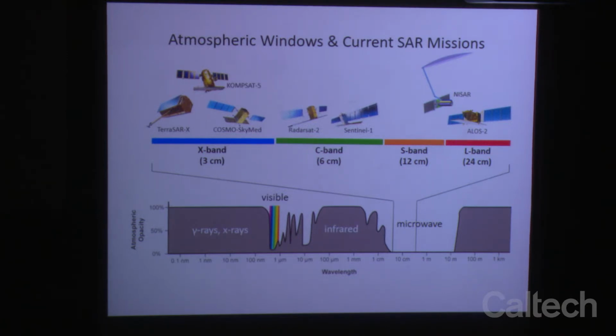And you can use information about backscatter from different wavelengths to infer different character of what you're observing. The other thing I want to point out here is that in the microwave region in particular, radar energy is largely unaffected by clouds. So we have the ability to do imaging of the ground surface independent of cloud cover. And since it's an active sensor, we can image day and night.